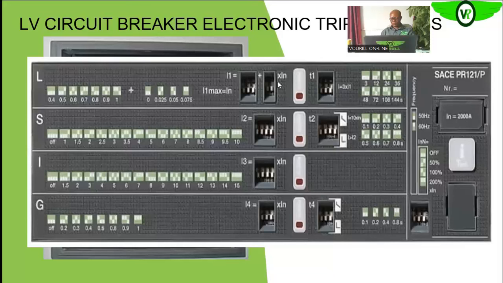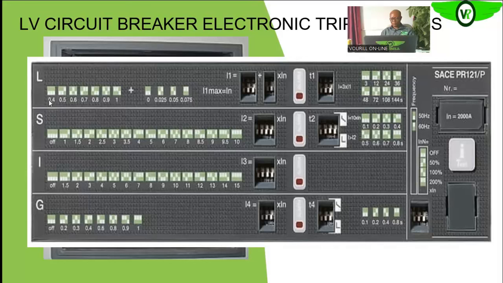This will give you a multiple of the nominal current rating. The nominal current rating of this particular circuit breaker that we are looking at is, as you can see here, 2000 amps. We can change this to give us a different continuous amp rating.